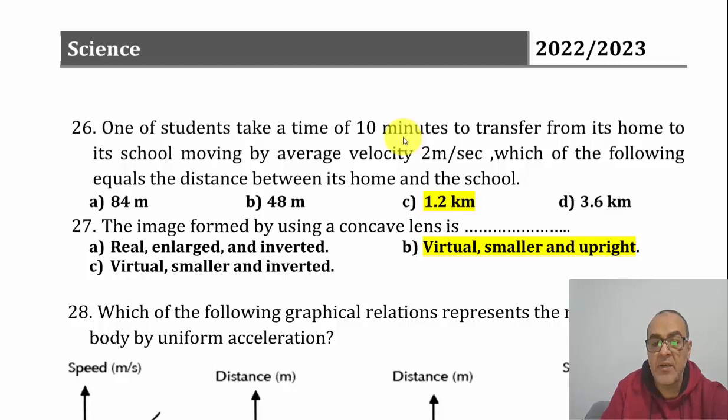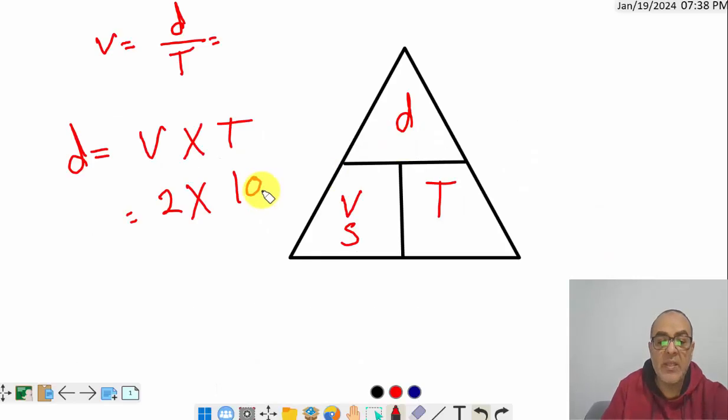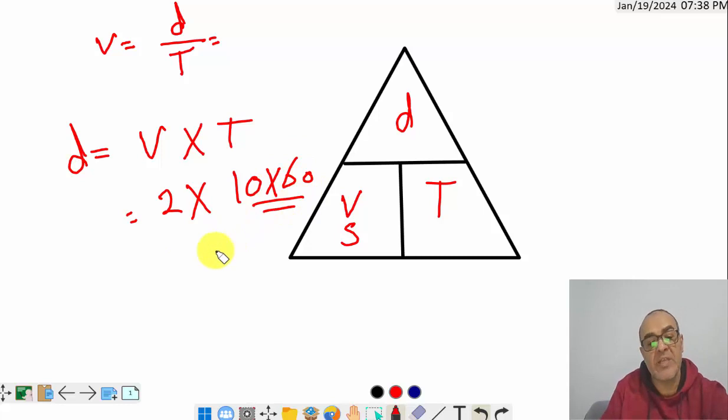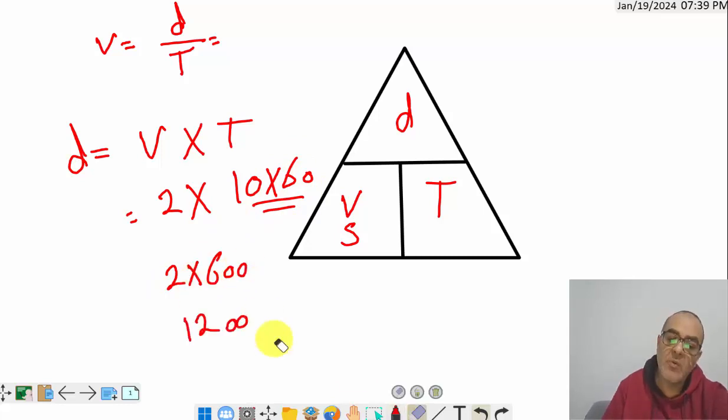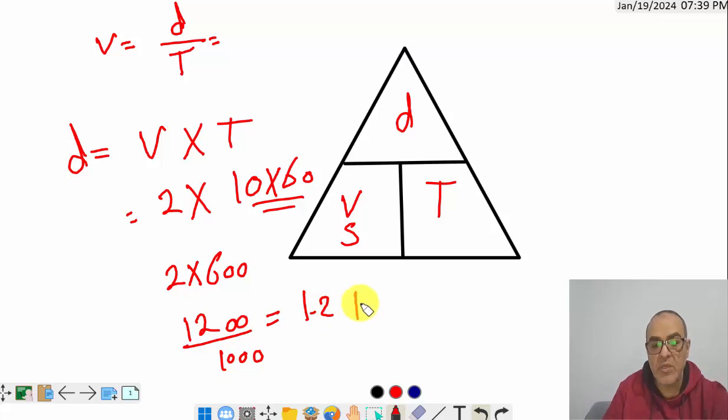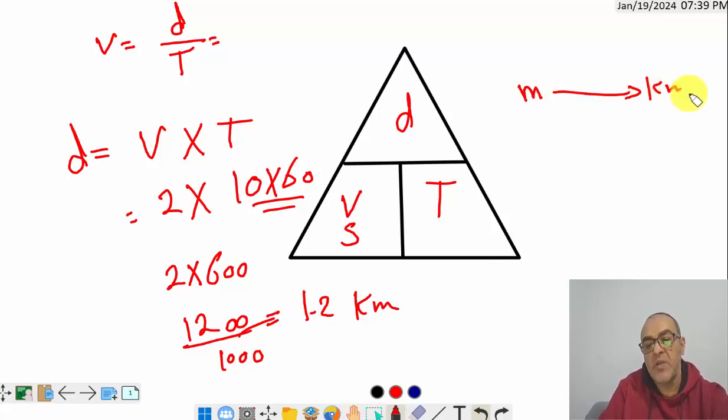But here we actually use seconds, so times 60 to transfer into seconds. So 2 times 600 equals 1200. 1200 meters, if I divide it by 1000, is 1.2 kilometers. Why do I divide it by 1000? To transfer from meter to kilometer. From a small unit to a large unit, we divide by 1,000.